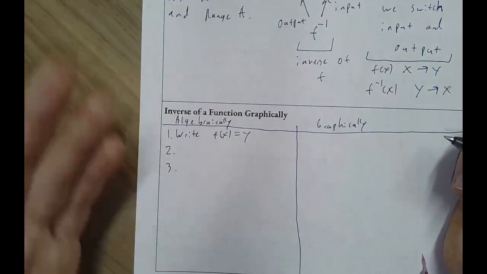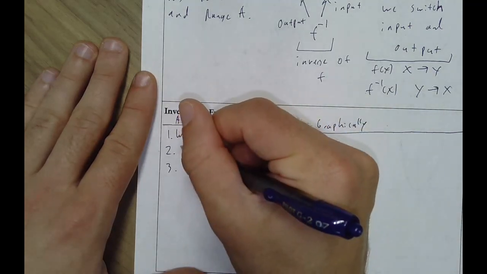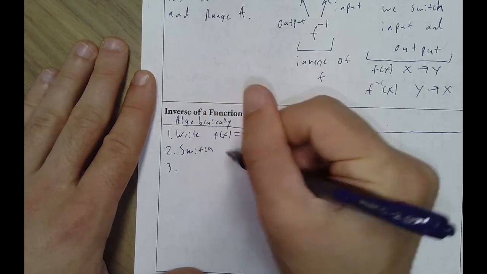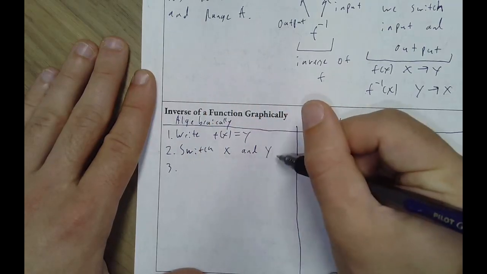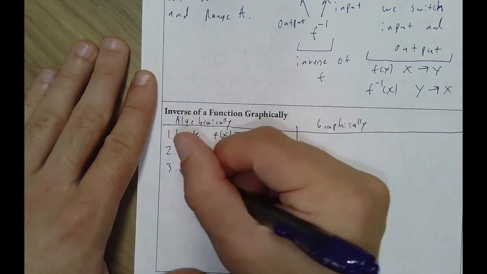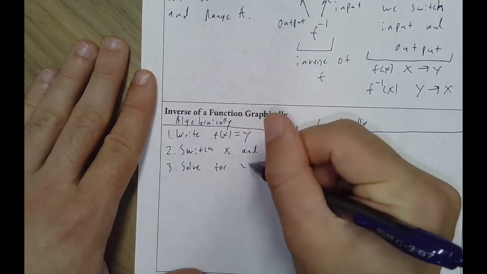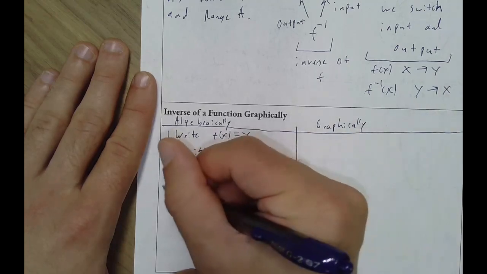So you're going to change f of x to be y. Then you're going to switch x and y, and then 3, you're going to solve for y. Okay, let's do an example.